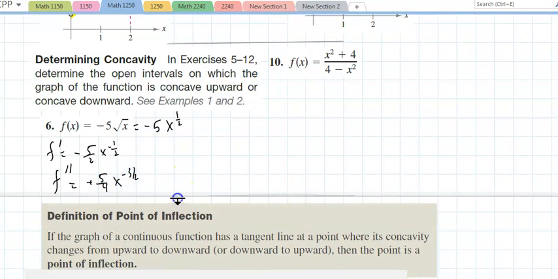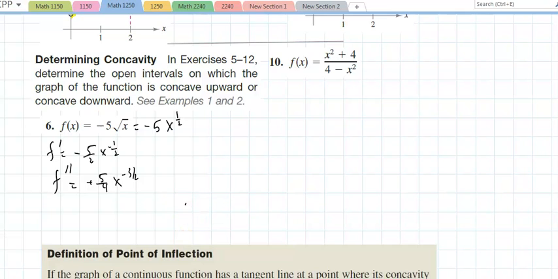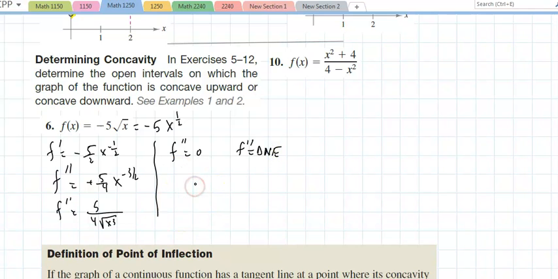Now, this is 5 over 4 times the square root of x cubed. So I need to figure out where the second derivative is 0 and where the second derivative does not exist, the same idea as the first derivative test, but this is the second derivative test.